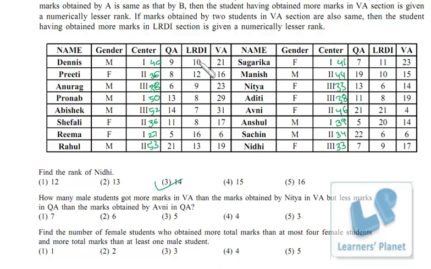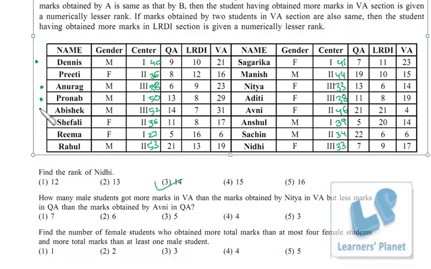In VA we have Dennis, Anurag, Pranab, Abhishek, Rahul, Manish, then we have, no, Anshul is 14, exactly equal to Nitya. Okay, so these many students have got more marks in VA than Nitya.